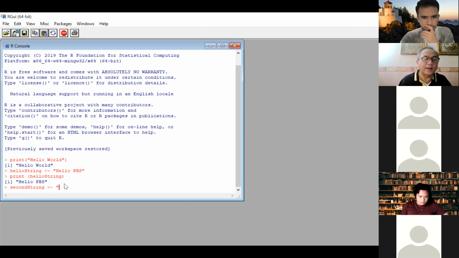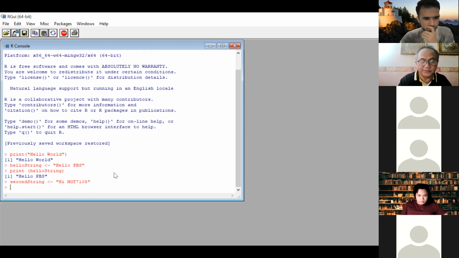We say hi MBT 7105. But we want to put in some comment that doesn't affect the output. So what do we do? We can use a hash, and then we type print whatever.